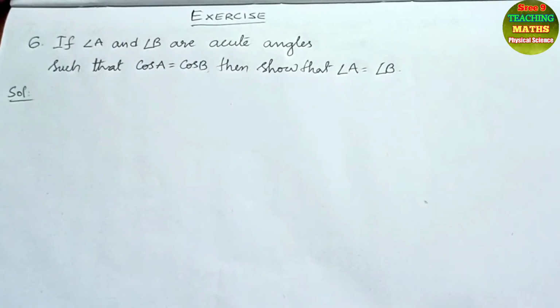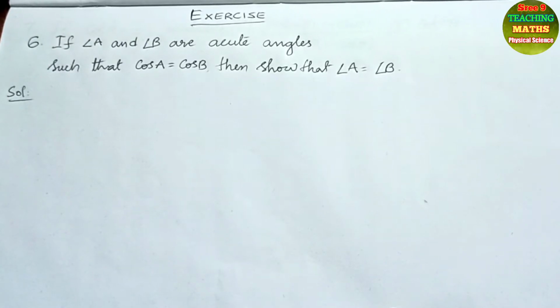So till now we have been learning about trigonometric ratios and we have done some examples and some exercise problems in the last 3 classes. I hope everybody understood the problems which I taught you.